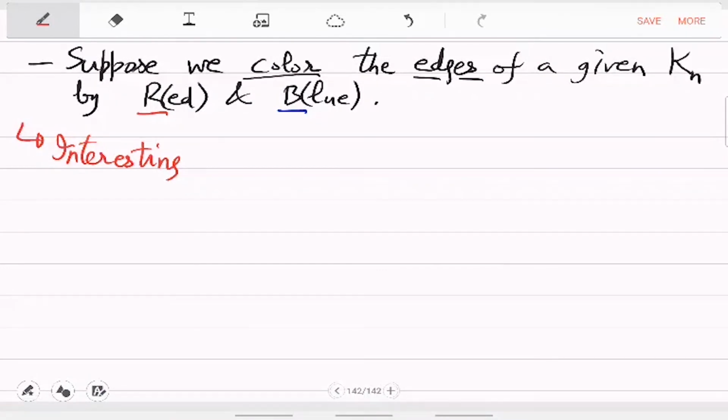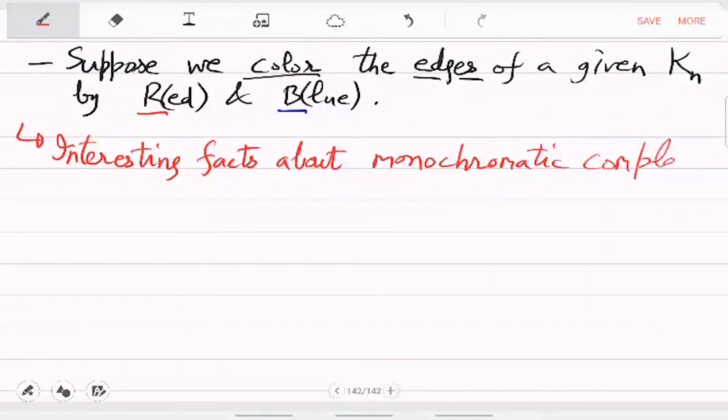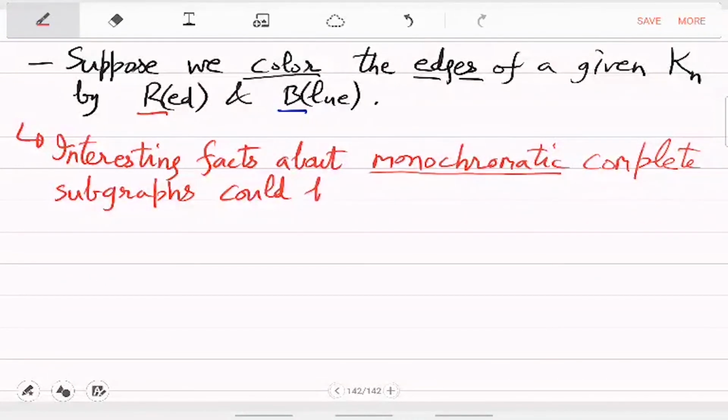Then interesting facts about monochromatic complete subgraphs could be shown. This is what we are after.